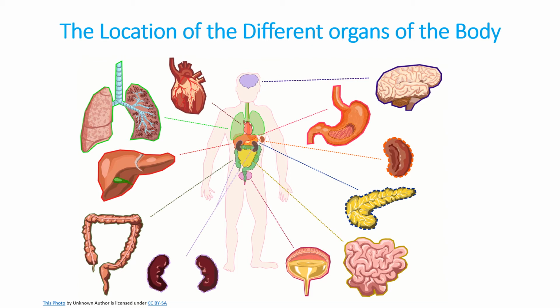The nucleus has the chromosome, the chromosome has the DNA, and the DNA has the nitrogen bases, commonly referred to as the nucleotides: the cytosine, guanine, thymine, and adenine. So therefore, you can now see the location of the different organs of the body in the diagram. And today we're focusing on the kidney.